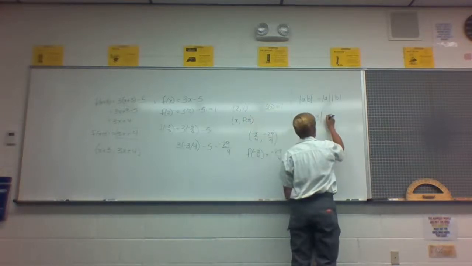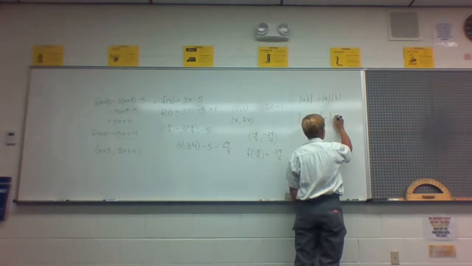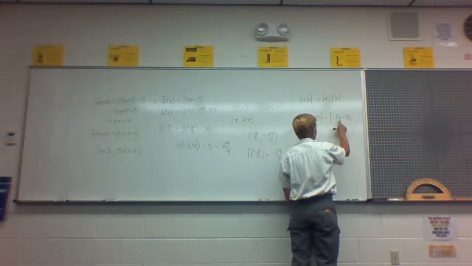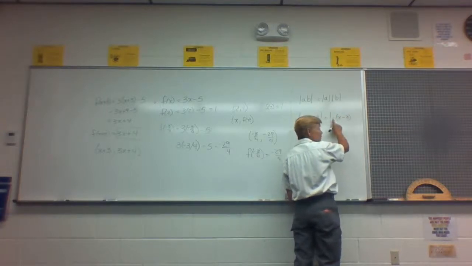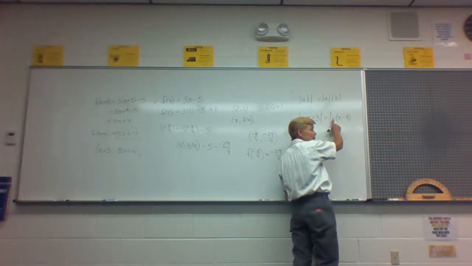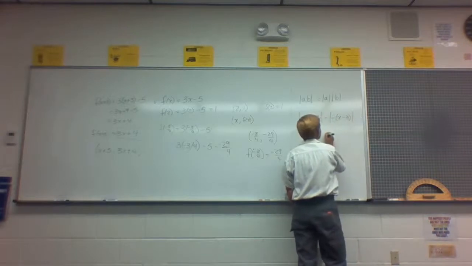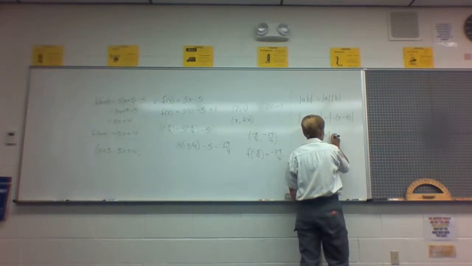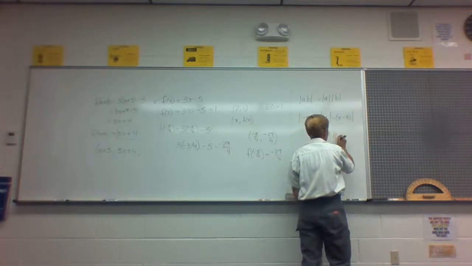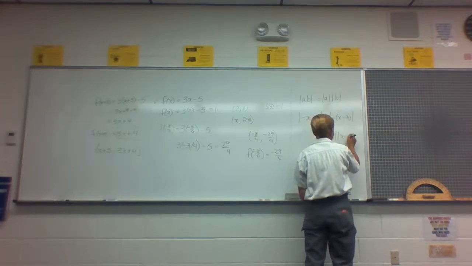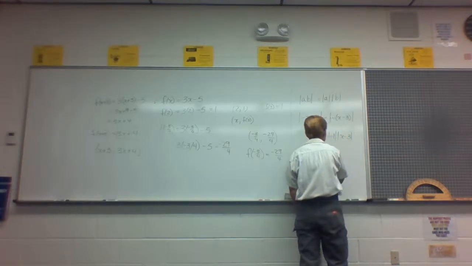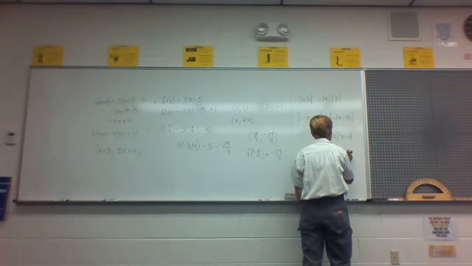This is the same thing as, first of all, staying inside here, factor out a negative times x minus 3, because I took a negative out of both. This was negative, it's now positive. This was positive, it's now negative, because every time you take a negative out or work one in, everybody's sign changes. You with me? Yeah. Close it. That's the same thing as the absolute value of that negative sign times the absolute value of x minus 3, which is x minus 3.